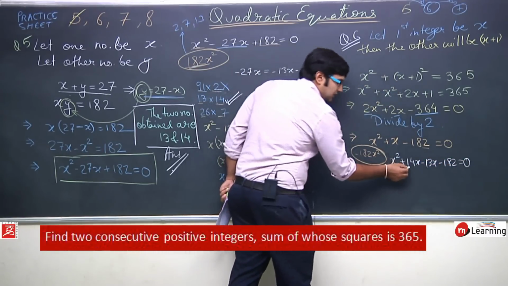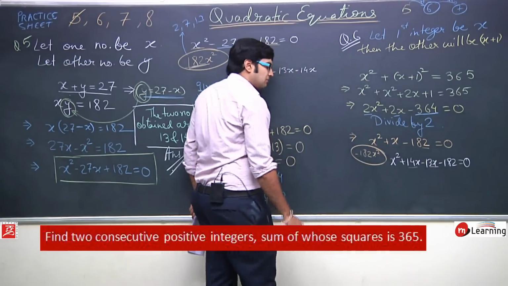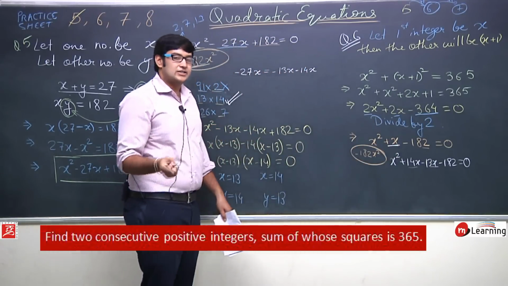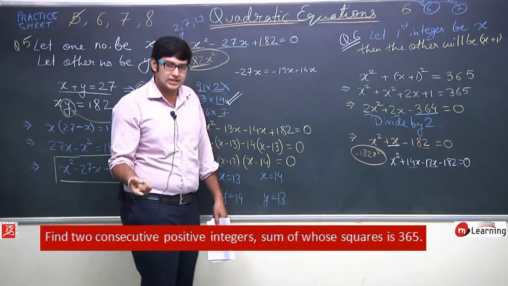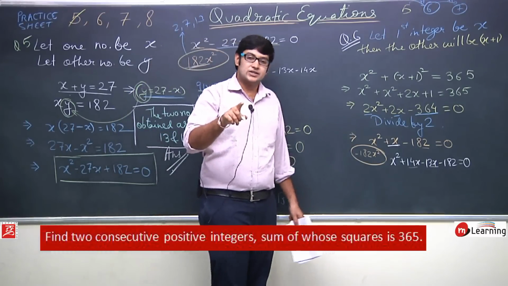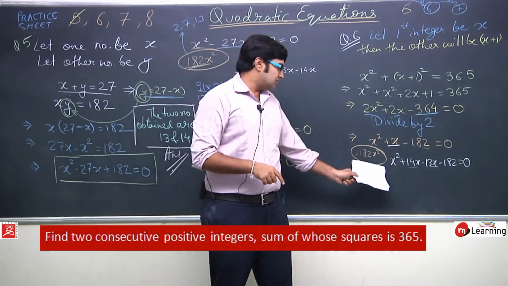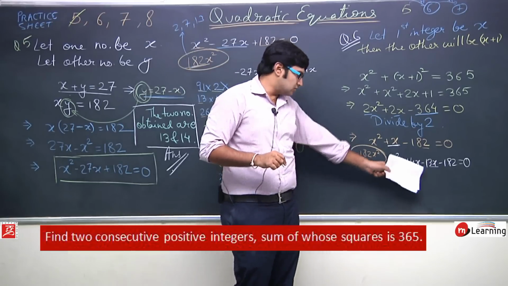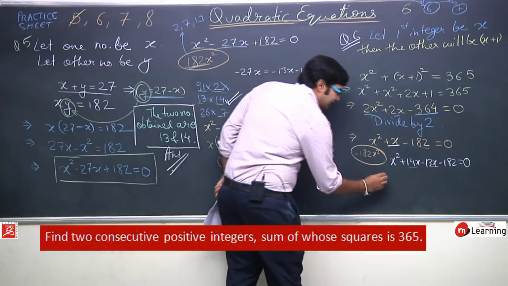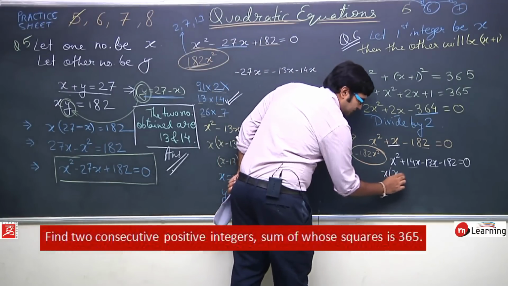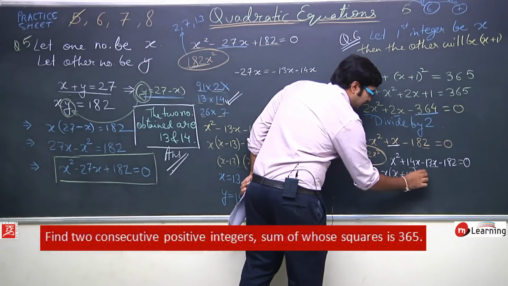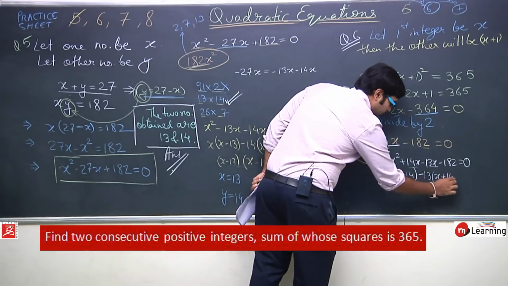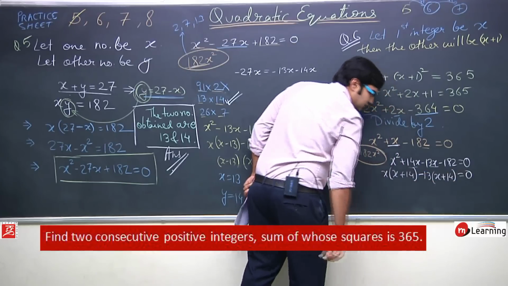Now why is it plus 14x and minus 13x? Because I want plus x. If I write it the other way, that is minus 14x and plus 13x, then it will give you minus x. But I want plus x. That's why I have written this as 14x minus 13x. Now solving this, you will get x as common in the bracket (x + 14) and minus 13 as common in the bracket (x + 14) is equal to 0.